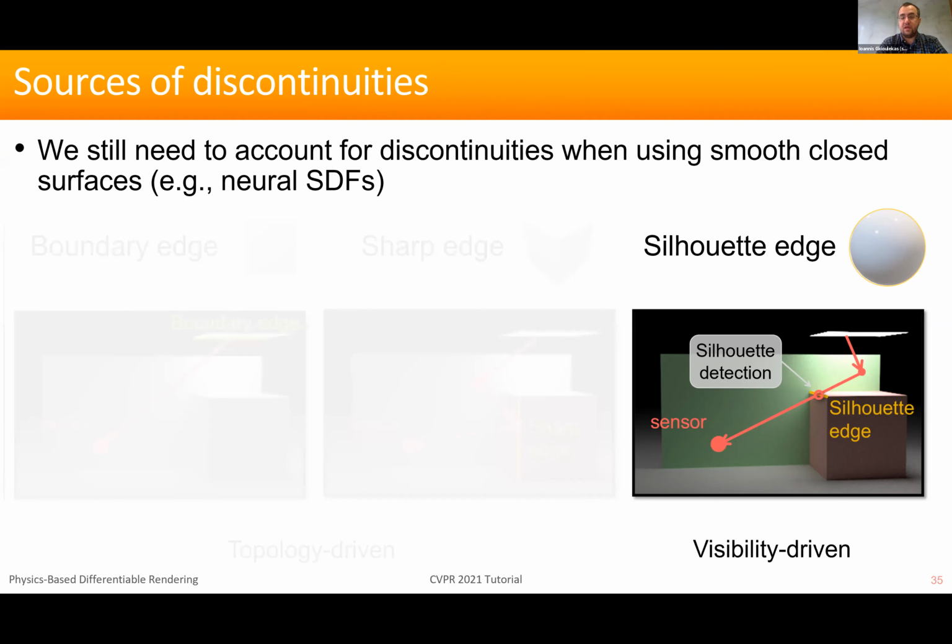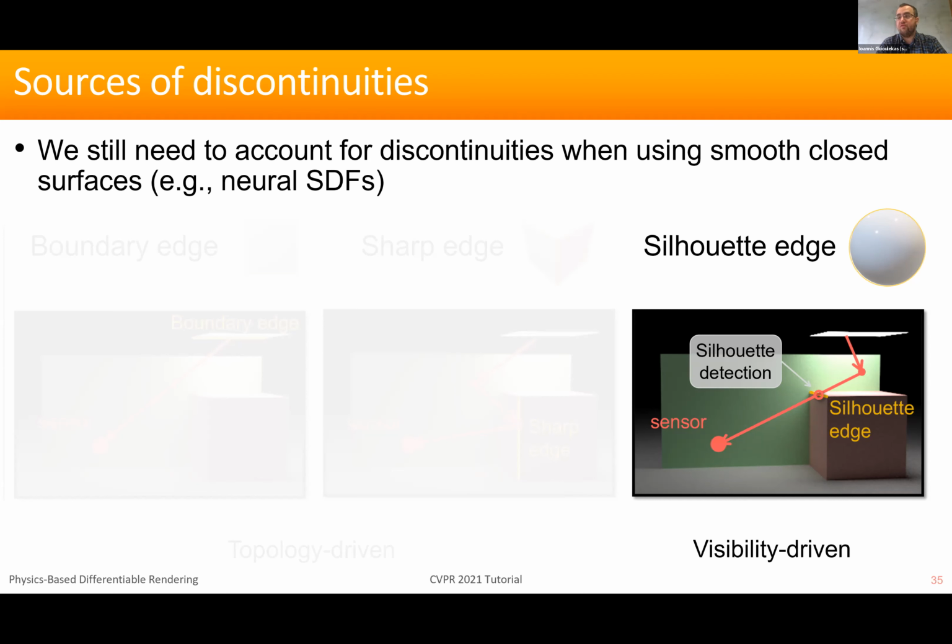In particular, even though terms due to boundary and sharp edges, terms that are driven by the topology of our surface, will no longer be applicable, we will still have discontinuities due to the discontinuous visibility function. We'll still end up with our integrals having discontinuous integrands due to visibility changing.